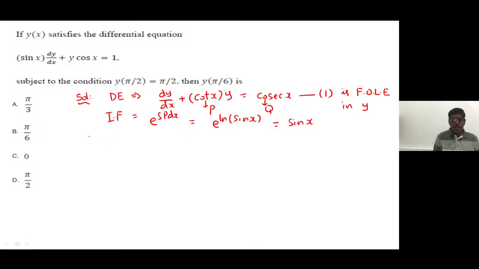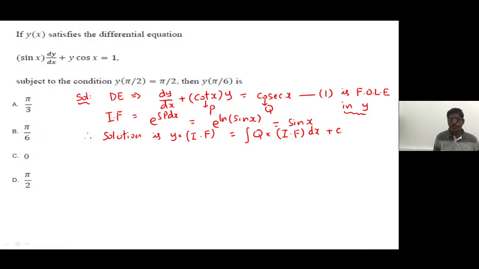Now after that, next step, solution. Therefore, solution of equation 1 is, because it is linear equation in y, y into IF is equal to integral Q into IF dx, that is integrating with respect to x, plus c.